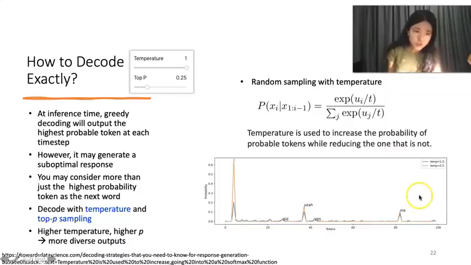But for a lower temperature, only those words with very high probabilities are more likely to be sampled. That is to say, with a higher temperature, you can get more diverse outputs.